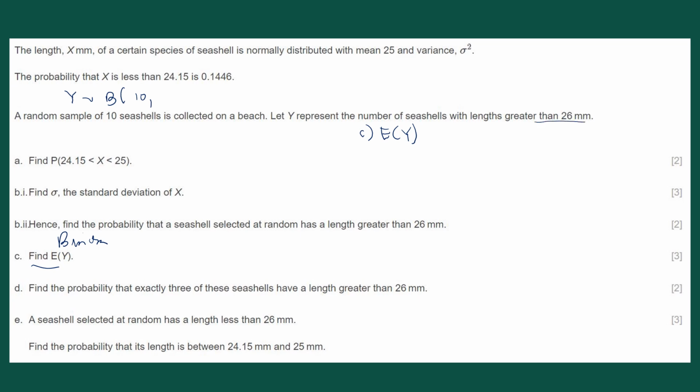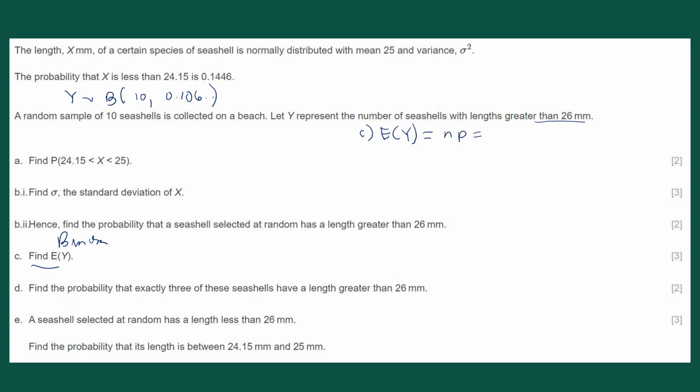We have solved that previously, so that's 0.106. I hope you copy that, because you just write 0.106 here, but in the solution we will be using the original value.